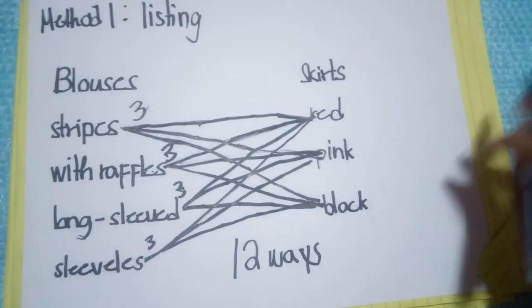Then second is method 2, which is the tree diagram. In making a tree diagram, we have the blouses and the skirts.